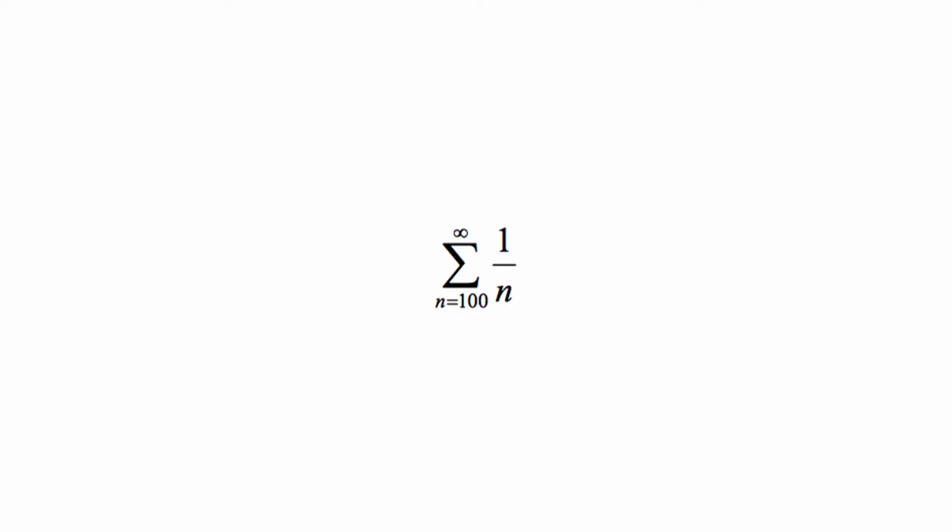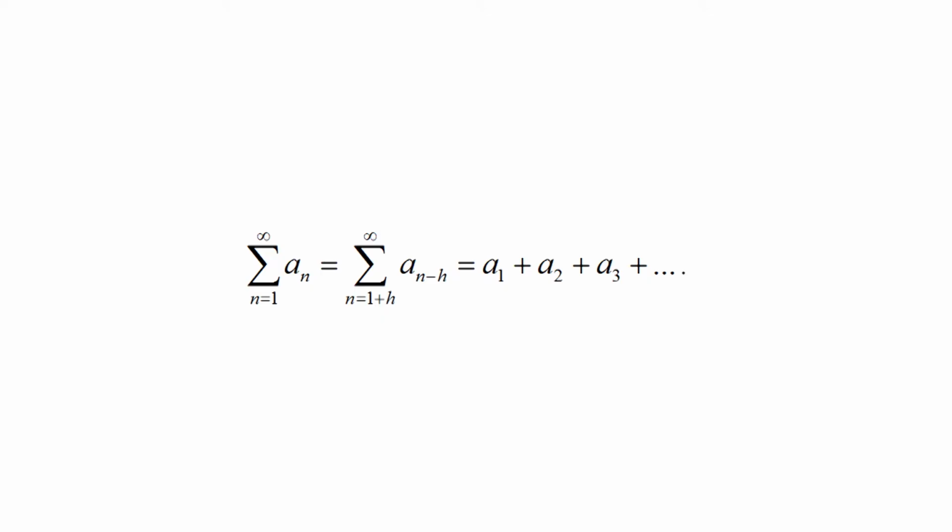Determine whether the series summation 1 upon n from 100 to infinity converges or diverges. Summation 1 upon n from 100 to infinity diverges since it is the series obtained by deleting the first 99 terms from the divergent harmonic series summation 1 upon n from 1 to infinity.